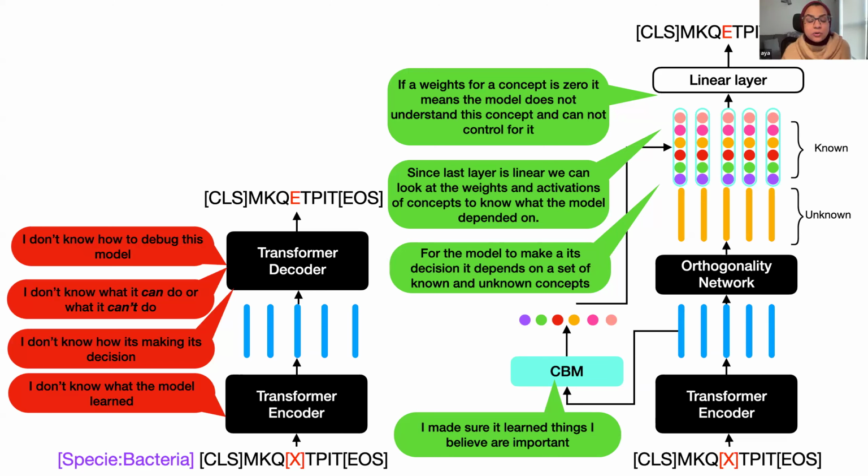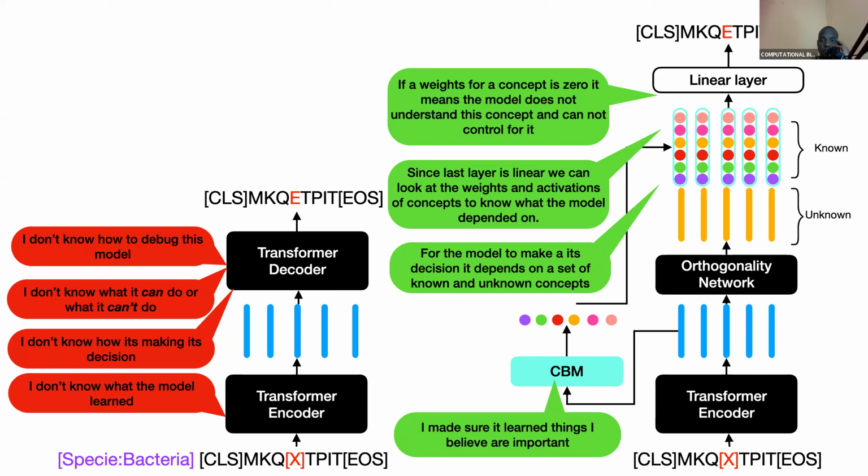So the transformer encoder gives us an embedding for every single token, right? Let's say your sequence is CLS MKQ, then a mask, TPIT, end of sentence. This is the input to the transformer encoder. The output is an embedding for every single token.